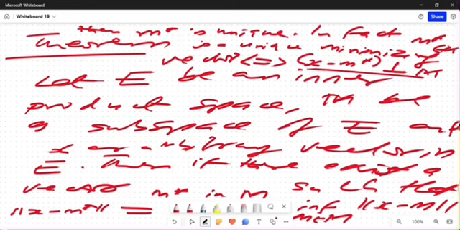Let's see that theorem again. Let E be an inner product space and capital M be a subspace of E, and X an arbitrary vector in E. If there exists a vector M star in M, where X is in E while M star is in M, such that the norm of X minus M star is equal to the infimum, which as you remember from real analysis is the smallest, the minimizing kind of bound, of the norm of X minus M as M varies in M, then M star is unique.